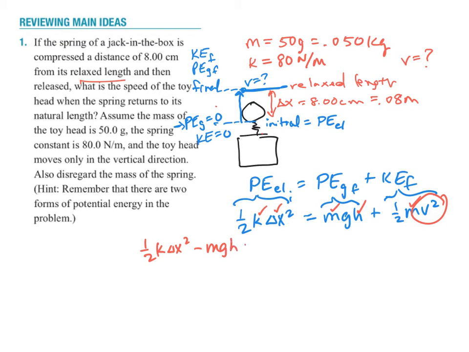I subtract mgh from both sides, and then I will divide both sides by 1/2 m.